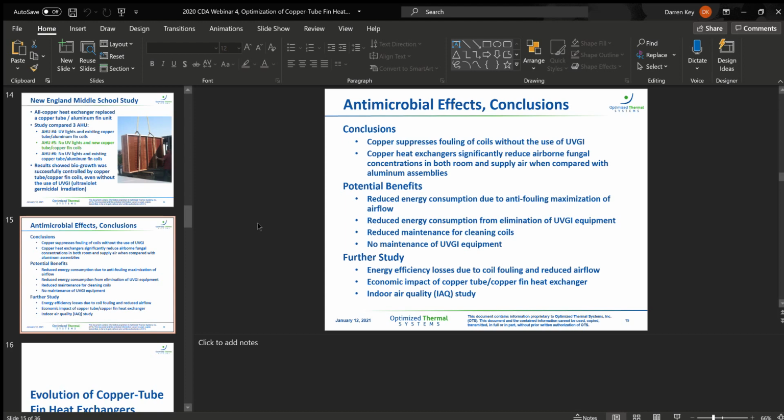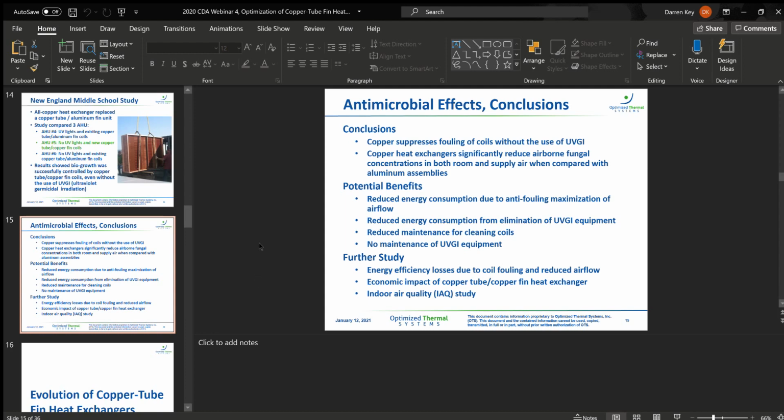Potential benefits include reduced energy consumption that might result from anti-fouling and maximization of airflow. There can also be reduced energy consumption from the elimination of UV-GI equipment, so you just don't have to have that extra piece of equipment. You also don't have to maintain or clean the coils quite as often, and you don't have to maintain that UV-GI equipment either.